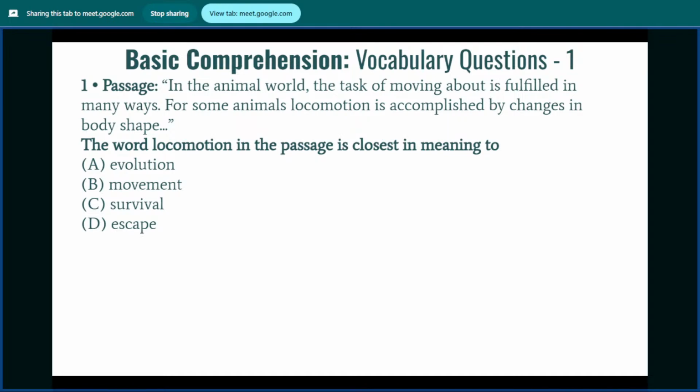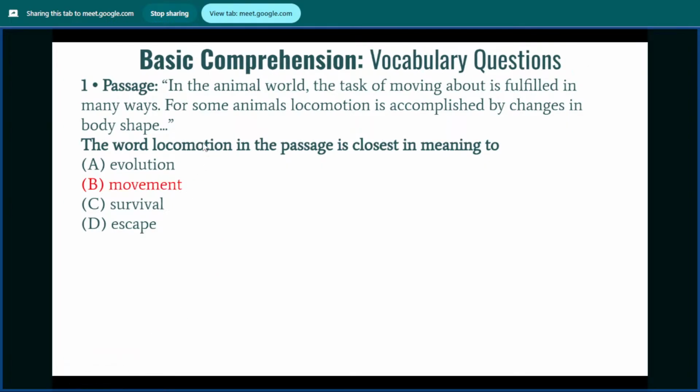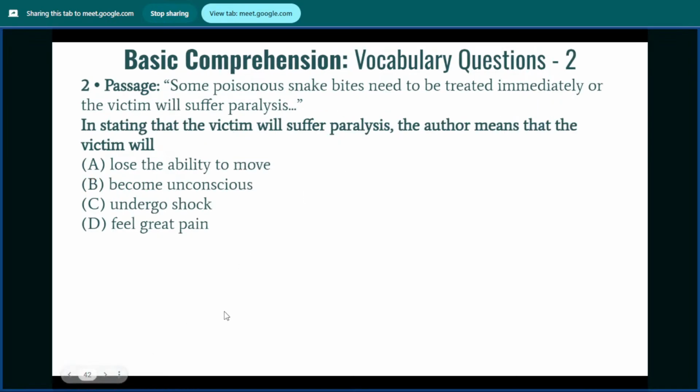That's correct. Because I told you, focus on the word "motion." If you don't know the meaning, focus on the word motion. Because at the start of the sentence it says, "task of moving about is fulfilled in any place." So it gives you an idea that they're talking about some kind of movement. Correct? Very good. Next.